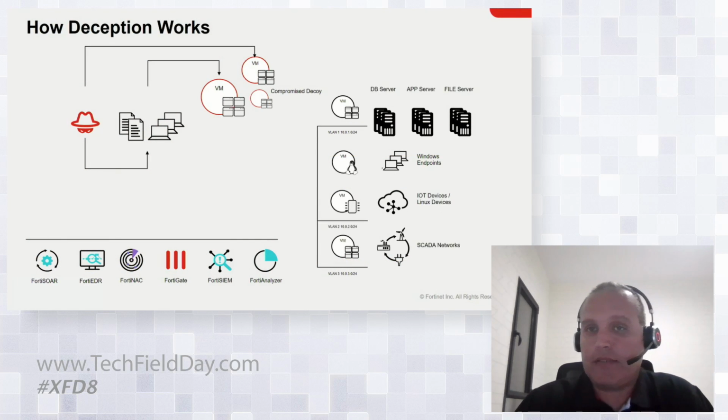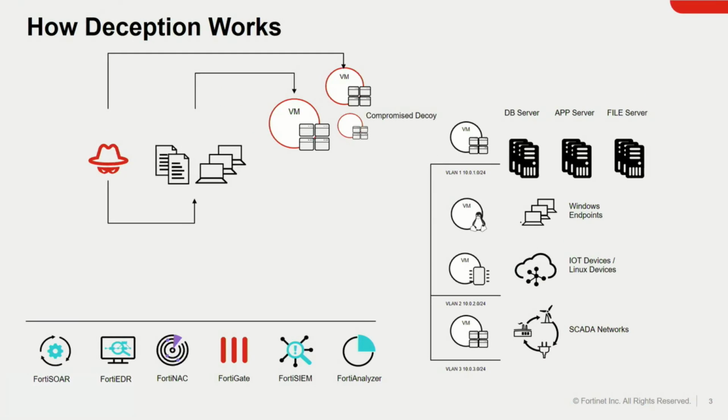So I took here a generic network with several network VLANs hosting data center, servers, applications, Windows endpoints, IoT, and OT infrastructure. FortiDeceptor is basically an appliance, virtual or hardware. If it's virtual, we support the whole range of virtualization from public cloud to private cloud: Hyper-V, ESX, KVM, GCP, AWS, and Azure.